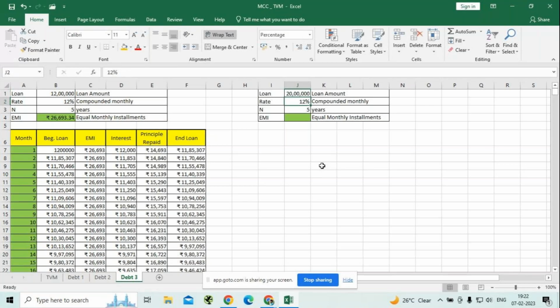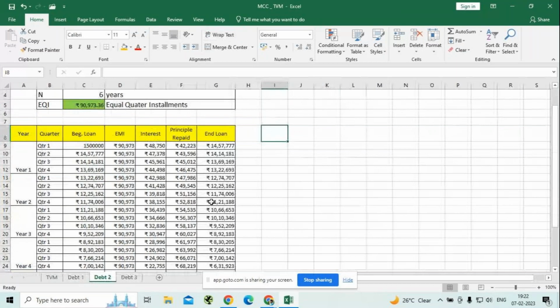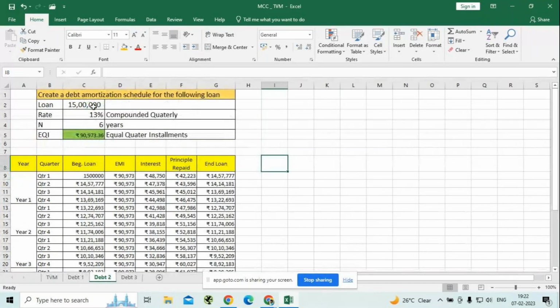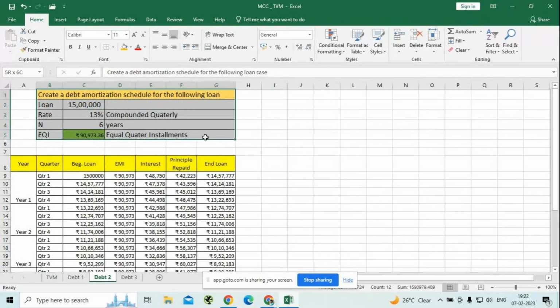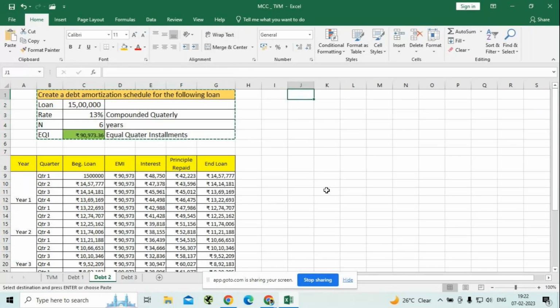So one amount, simple 3 years. Okay, I'll give this as a question. So I'll share this document with you people. Please try with all this. I'll give you this with the new question.